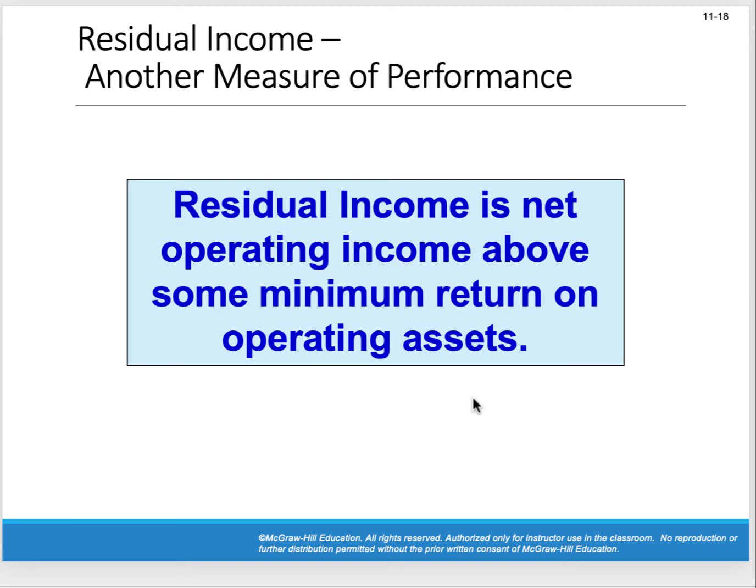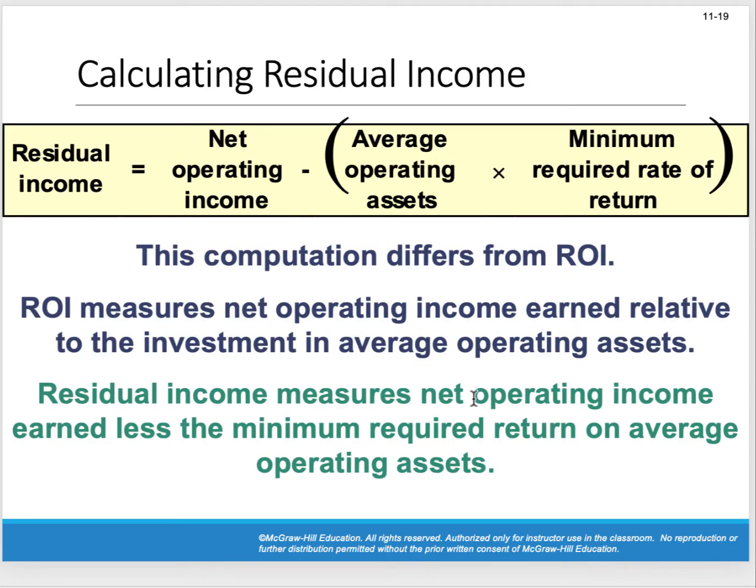Say that again, because it's pretty important, right? Residual income is net operating income above some minimum return on operating assets. So as a company, we're going to set up guidelines that say we don't invest in anything unless we get a return of X. Okay? That's what we're saying here.